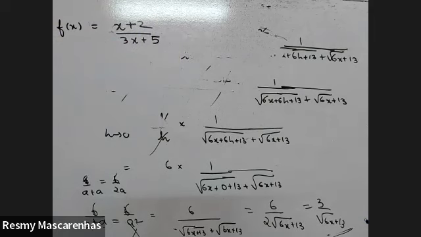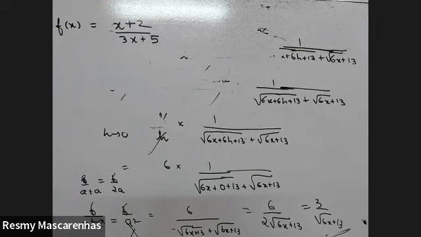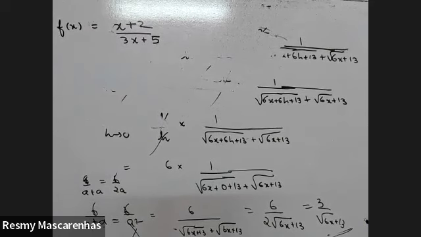And there's a numerator also and denominator. X plus 2 upon 3x plus 5.